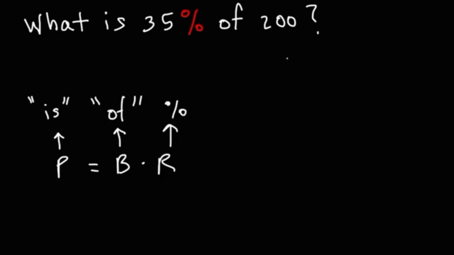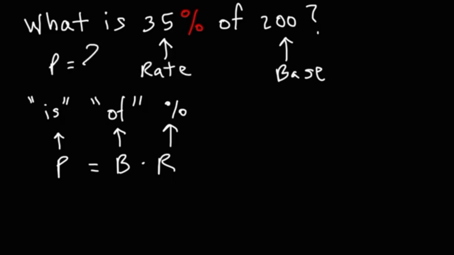So we can see that 200 is associated with the word of. So 200 is the base. 35%, that's going to be the rate because there's a percent sign in front of it. And what we're looking for is the percentage in this problem. So what is 35% of 200?